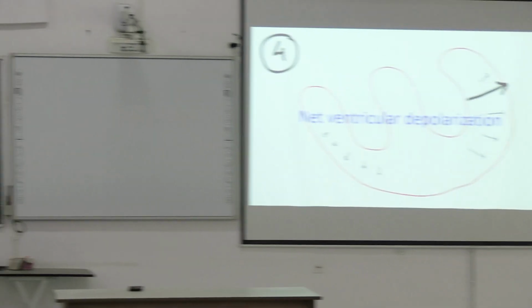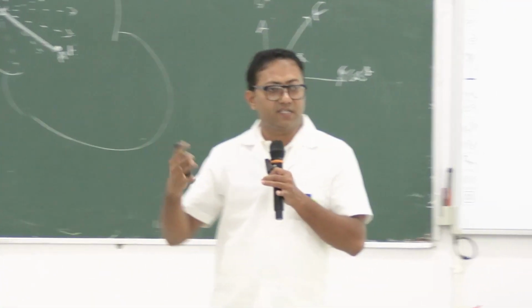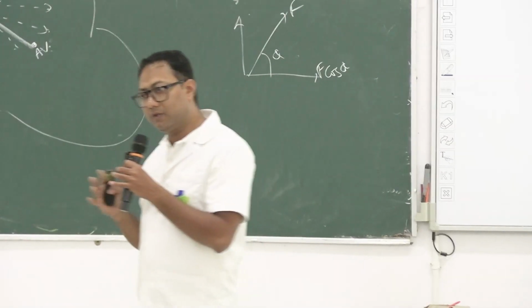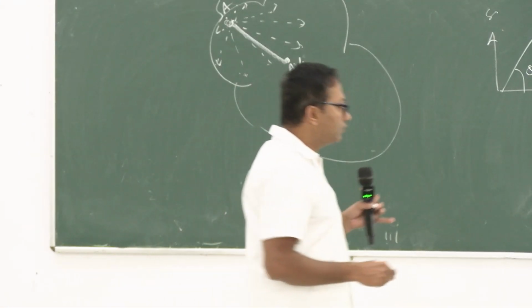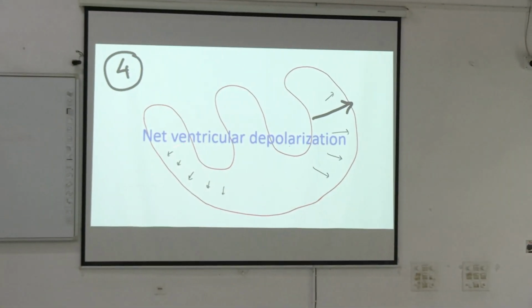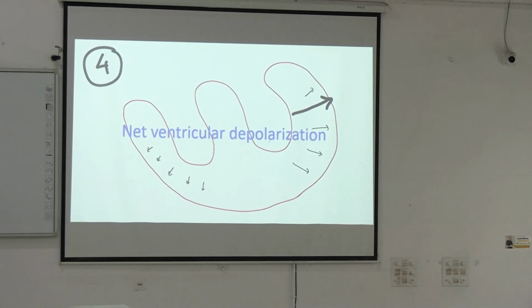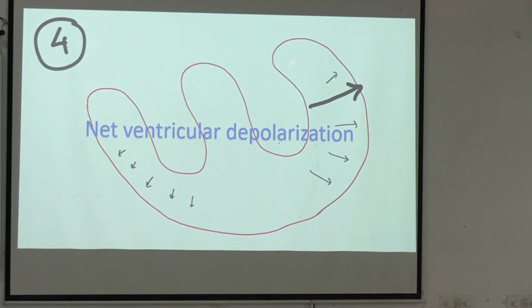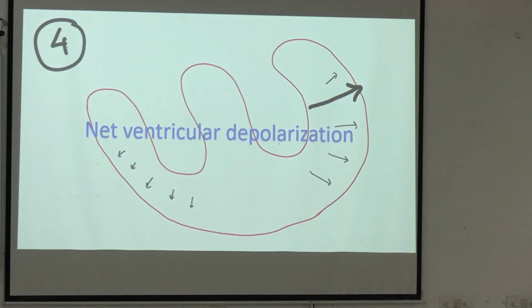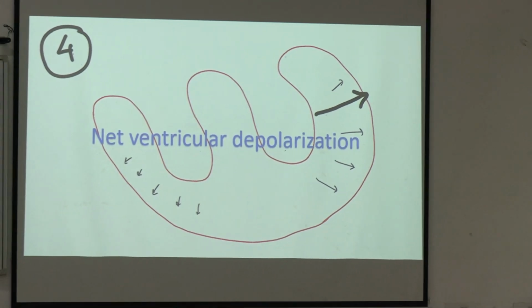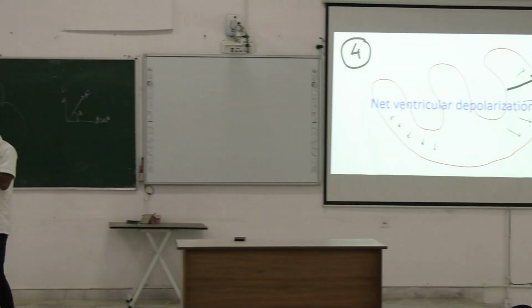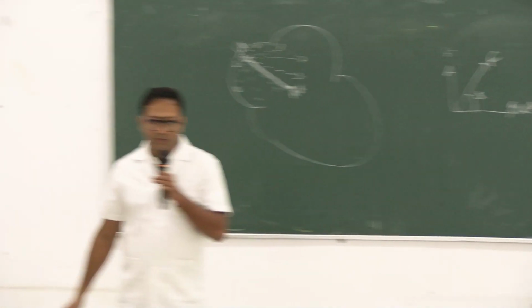So all the small vectors are depolarizing the left ventricular free wall as well as the right ventricular free wall. The vectors depolarizing the right ventricular free wall are smaller than those depolarizing the left ventricular free wall. Why? Because left ventricular muscle mass is more than right ventricular muscle mass.